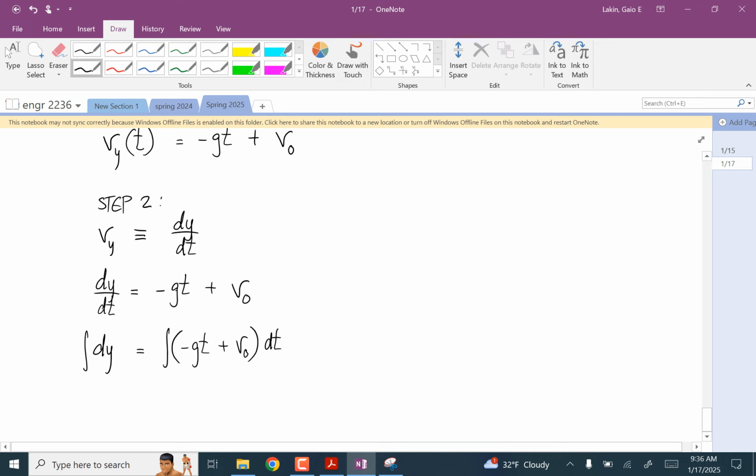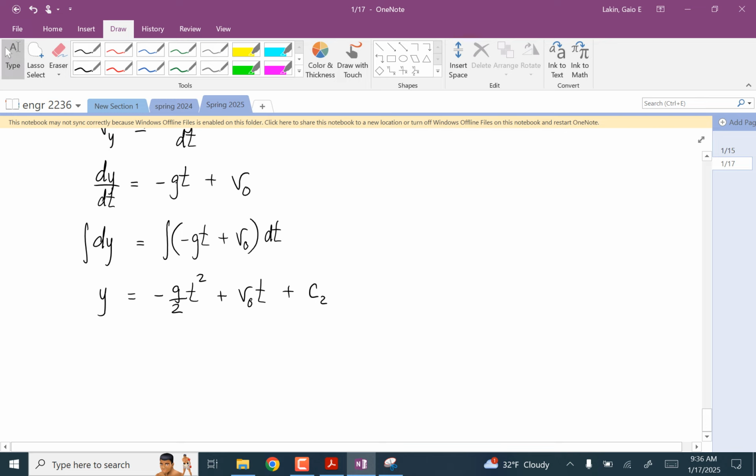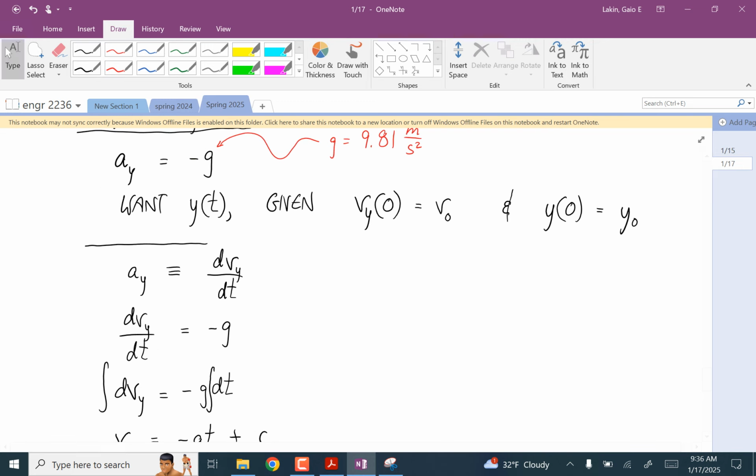Integrate both sides, and you get y is equal to negative g over 2 t squared plus v0 t plus c2. And now we'll use that second boundary condition to find c2, the one that says when time is equal to 0, y is equal to y0.